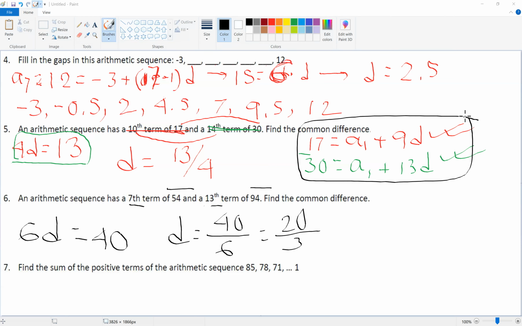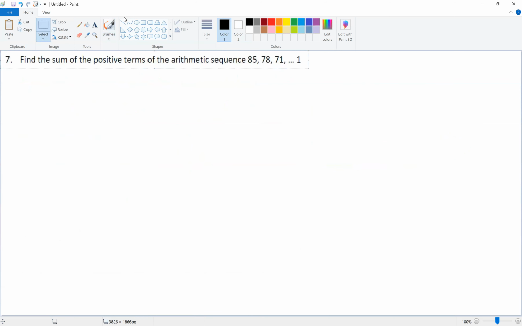Okay. So what I did was I tried to find the number of terms because we know the first one and the last one. So I did the last one equals 85 plus n minus 1 times 3. Wait, and then common difference is 3.